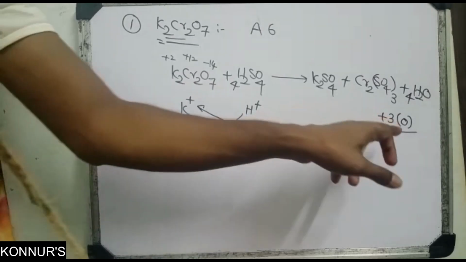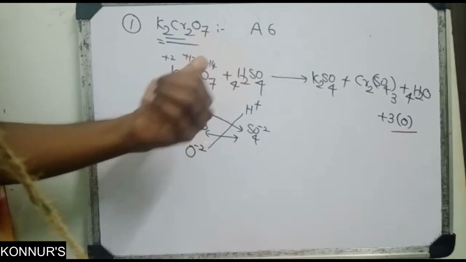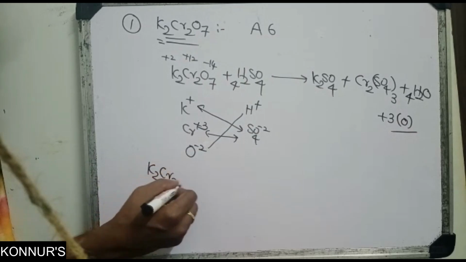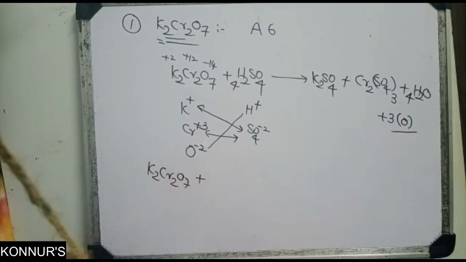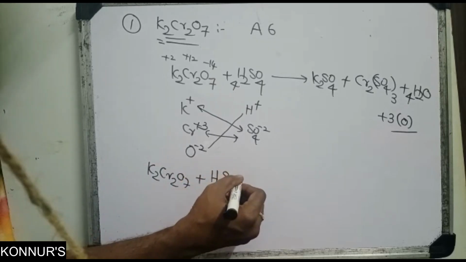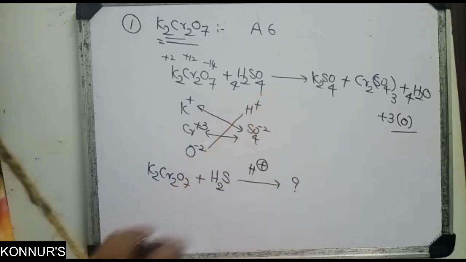This nascent oxygen is responsible for the oxidation. So K2Cr2O7 reacts with H2S in acidic medium. What will be the product? That is how the question is asked. First you write down the basic equation.